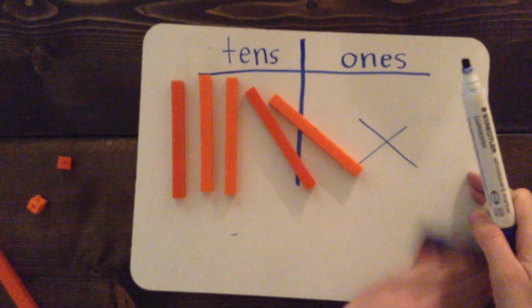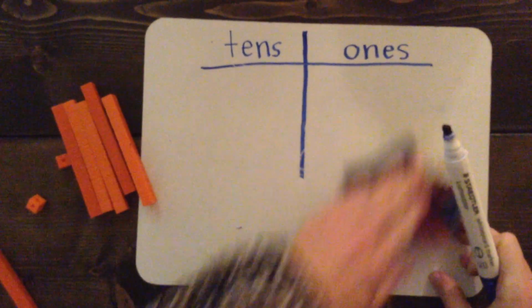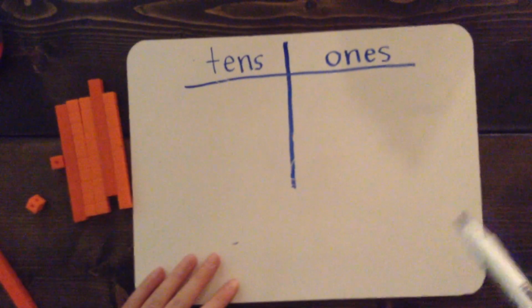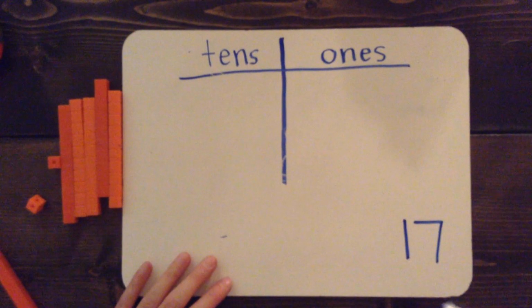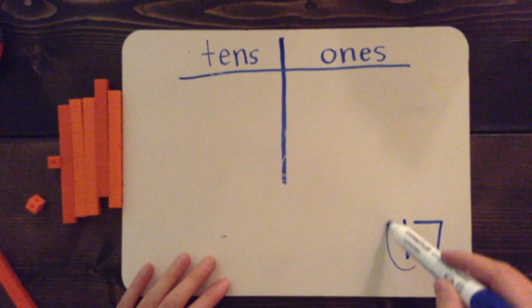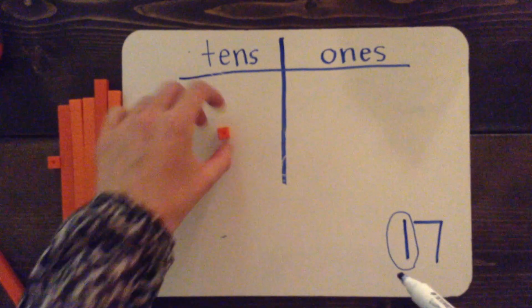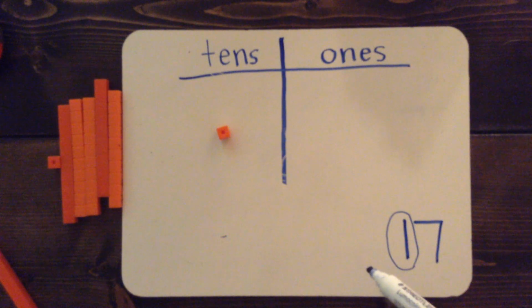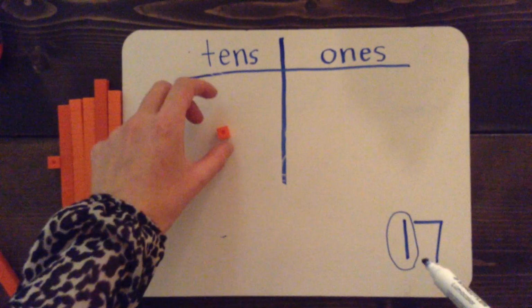Erase your board. Let's do the number 17. When you look at the number 17, the very first digit is a 1. Is that how you would do it? I hope not, because this 1 does not mean 1. It's in the tens place.